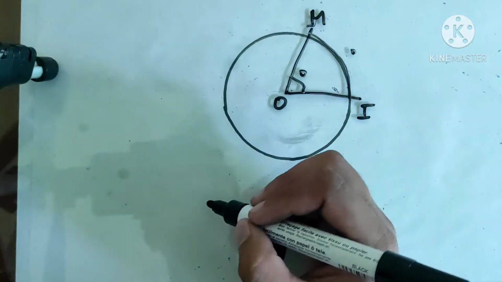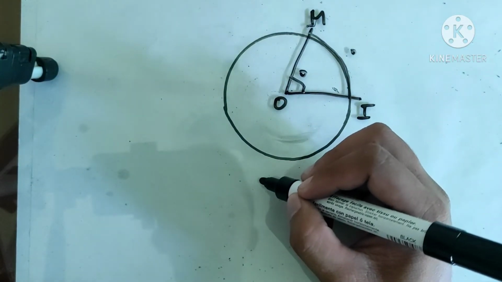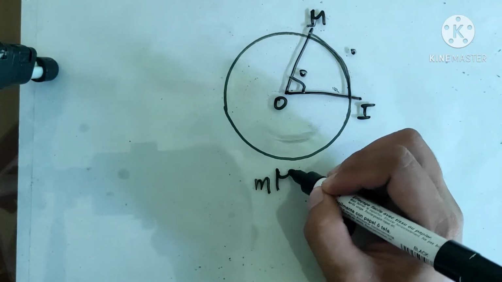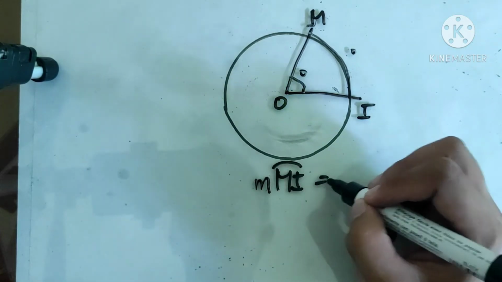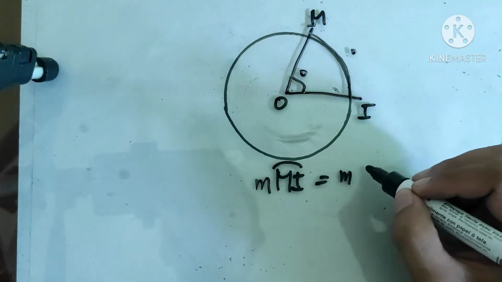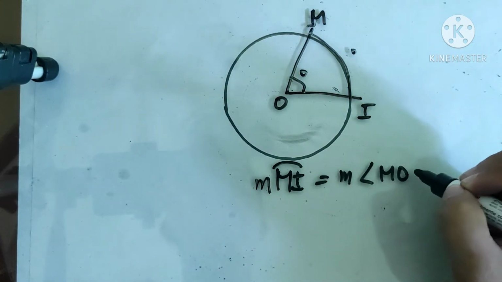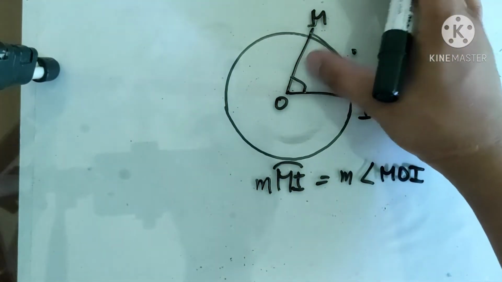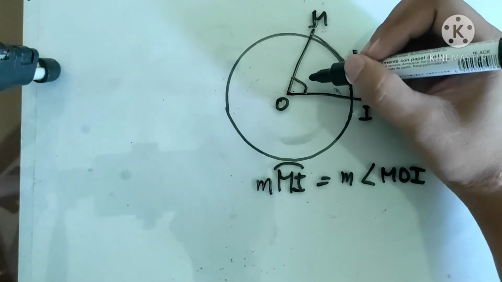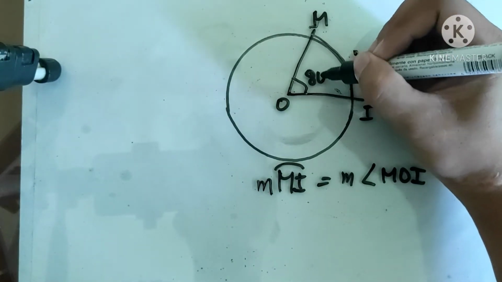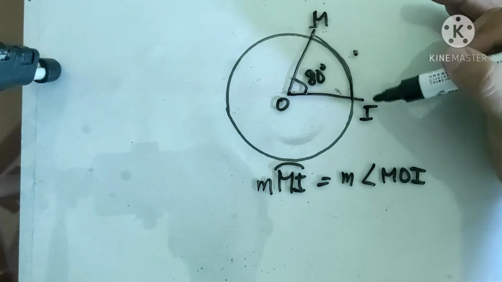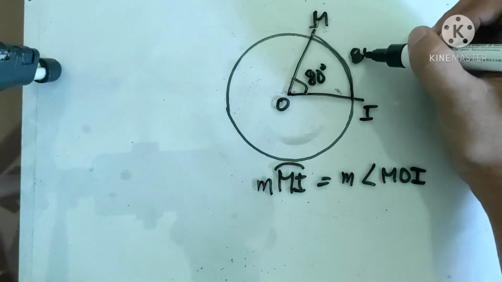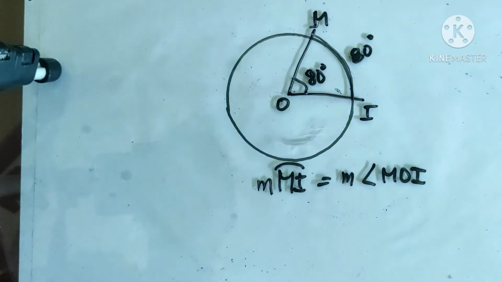So, meaning, that is degree measure of your arc MI is equal to measure of your arc MOI. Okay? So, for example, ang arc MOI mo is 80 degrees. Ang degree measure ni arc MI is also 80 degrees. Okay? So, equal sila.